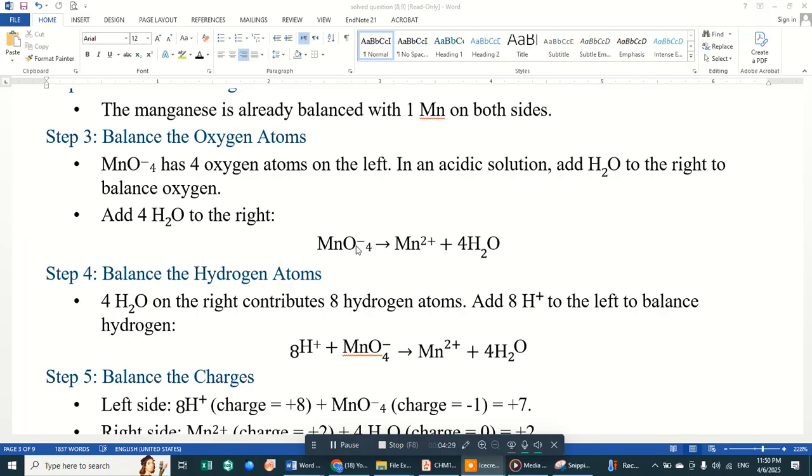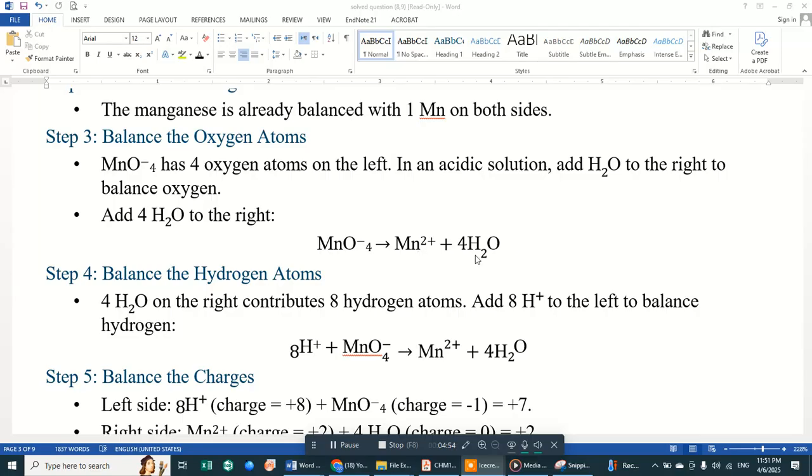To balance these 4 oxygens, we must put 4 water molecules on the right-hand side. Now 4 oxygens on the right side and 4 oxygens on the left side. Manganese is balanced and oxygen is balanced, but another problem is created along with the balancing of oxygen.